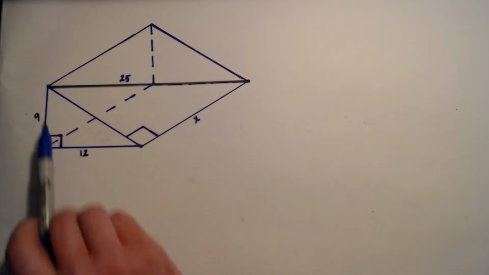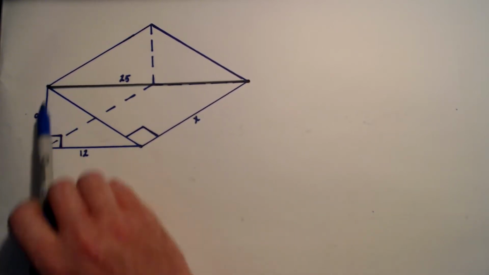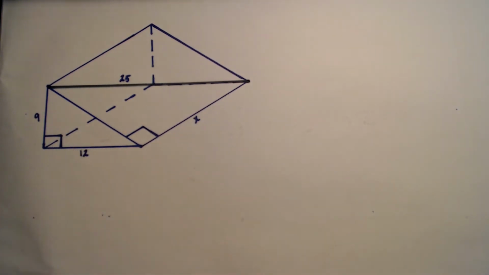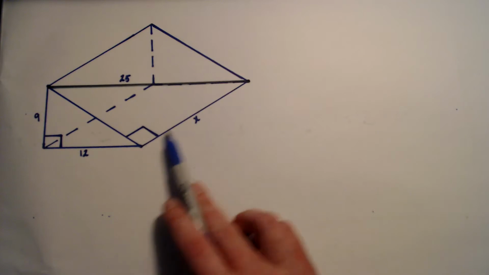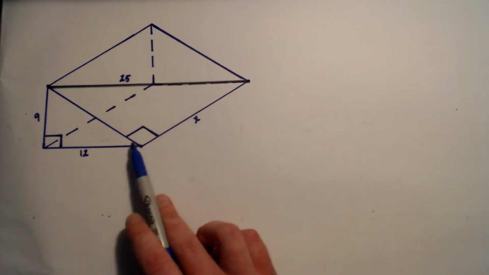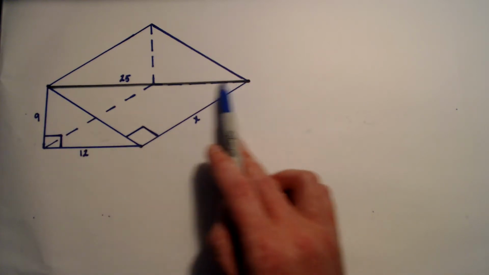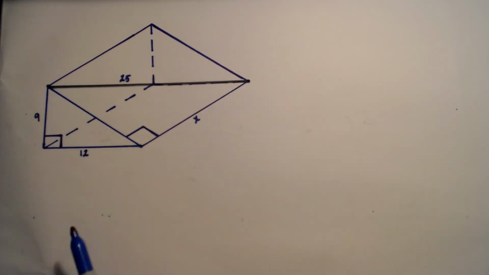Because I immediately can see that I have triangles, 1 and 2. And I know that in order to solve for x, I need to know 2 of the sides of this triangle right here. It's this triangle. I don't have that.